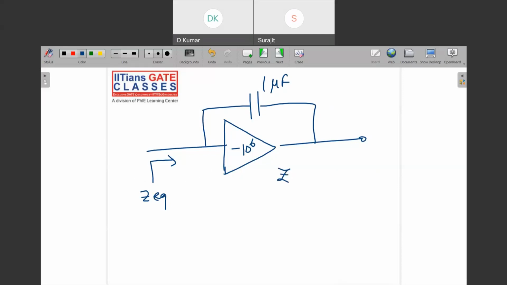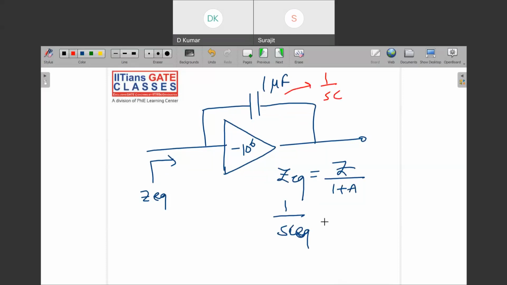Z equivalent means Z upon 1 plus A, right? So what is Z equivalent? 1 upon SC equivalent, because in case of capacitance, we get 1 by SC.